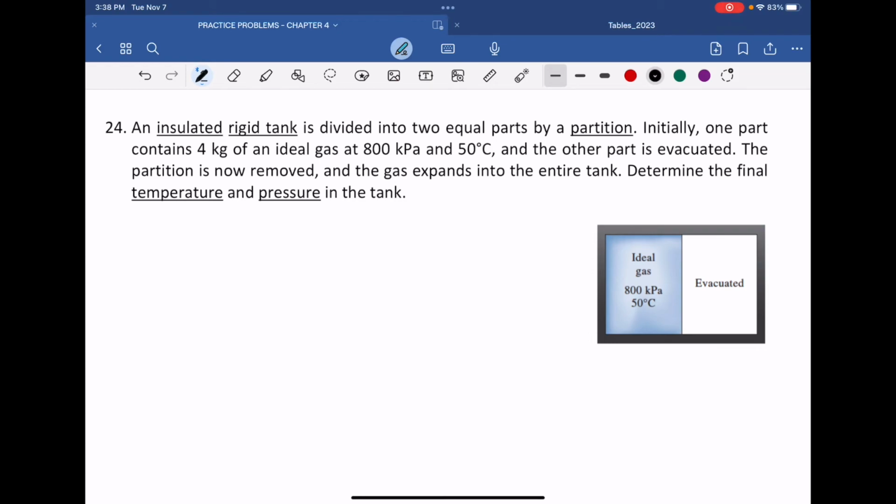Now this is an ideal gas problem, and therefore I need to use ideal gas equations to find the temperature and the pressure of the tank. And the volume is doubling. Also we need to remember that it is divided into two equal parts. Basically, P1 V1 over T1 is equal to P2 V2 over T2.